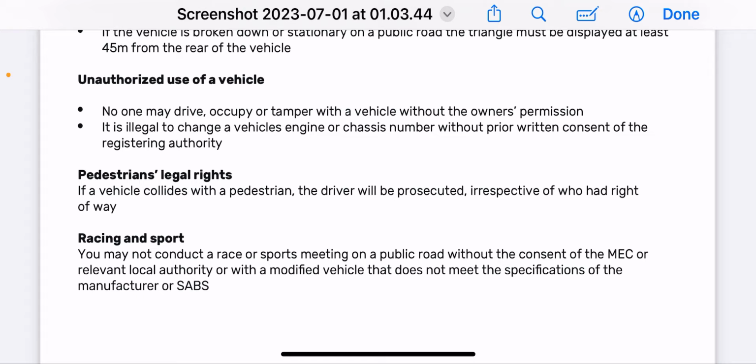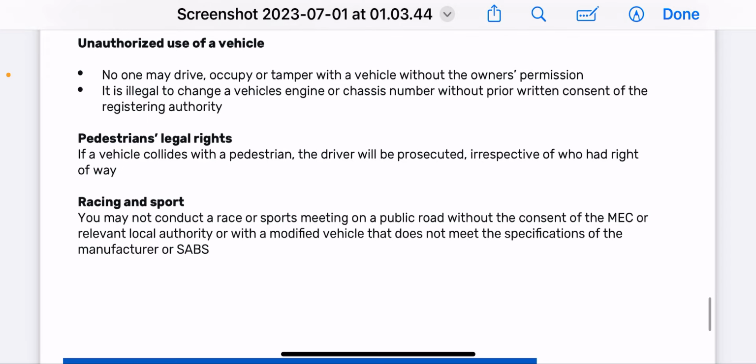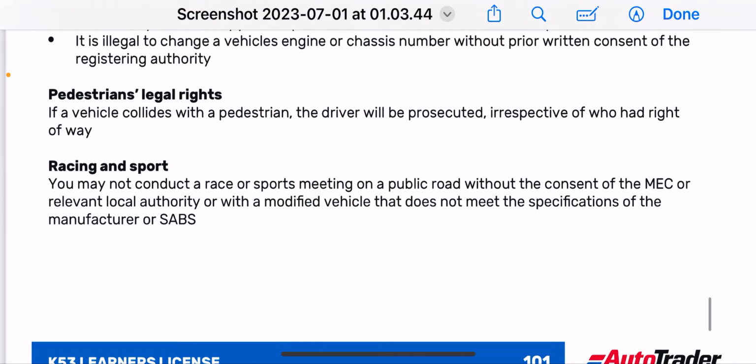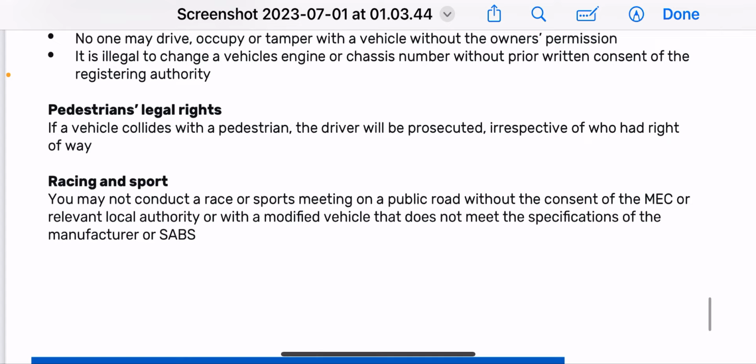Okay. And then pedestrians' legal rights. If a vehicle collides with a pedestrian, the driver will be prosecuted, irrespective of who had right of way. Straightforward. Racing and sports.